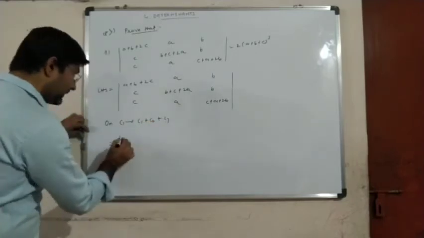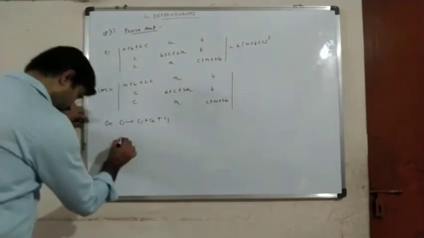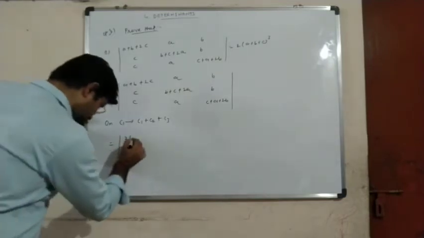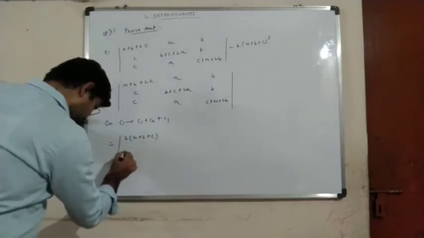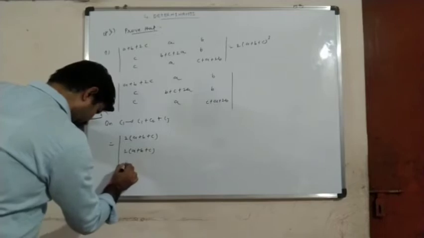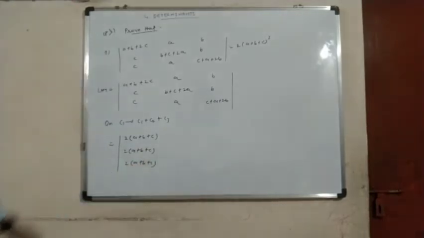So the next step we get is a plus a, 2a, b plus b, 2b, and plus 2c. So we get 2a plus 2b plus 2c. So take 2 common. So 2 into a plus b plus c in each row of the first column.